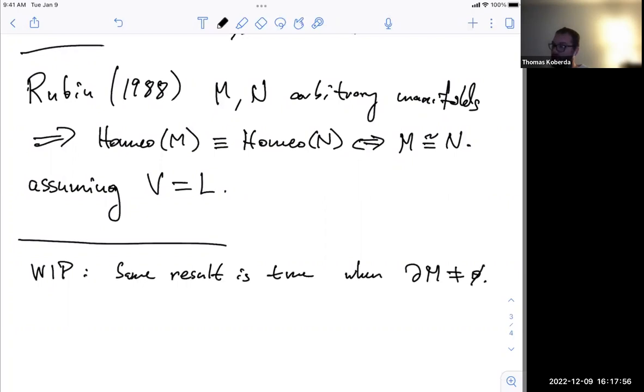So for arbitrary compact manifolds. The existence of a boundary complicates matters pretty substantially, so we're still working out the details of that a little bit.